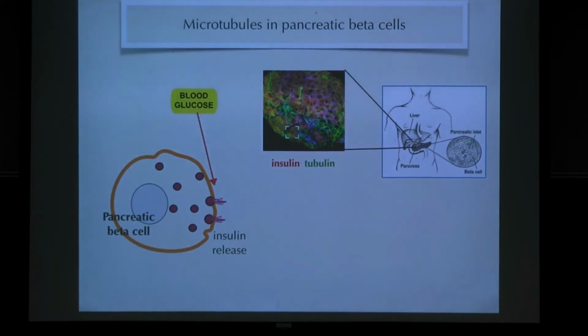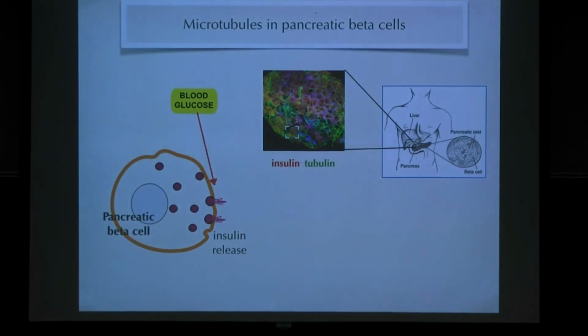And one of those cell types is a pancreatic beta cell, the cell that secretes insulin upon glucose signaling into the bloodstream. And this is, as one can imagine, an extremely important cell type for human health and for the biology. And there is a lot known about those cells.